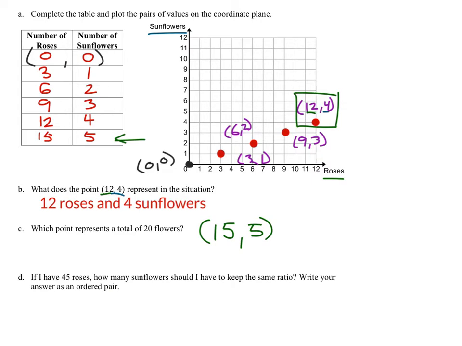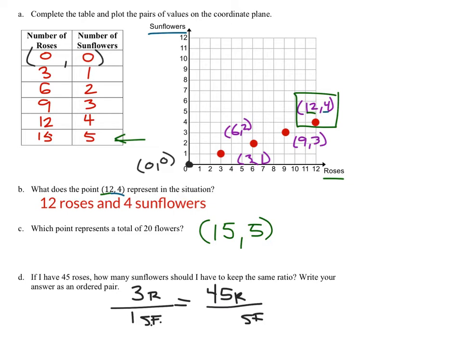If I have 45 roses, how many sunflowers should I have to just keep the same ratio? And we'll write the answer as an ordered pair as well. So up in here, we know that we got 3 roses for 1 sunflower. And we want to keep the ratio equivalent for 45 roses. And how many sunflowers?